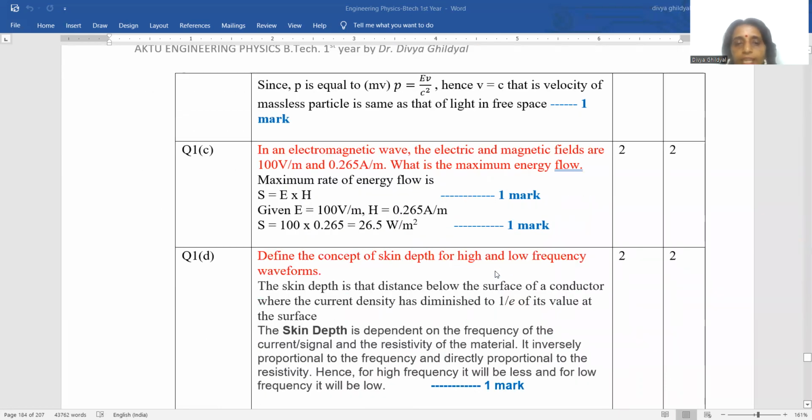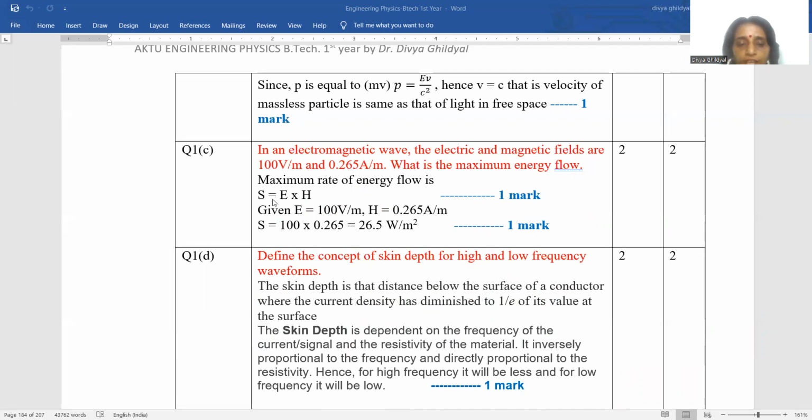Next question. This is from EMT. In an electromagnetic wave, the electric and magnetic fields are 100 volt per meter and 0.265 ampere per meter. What is the maximum energy flow?